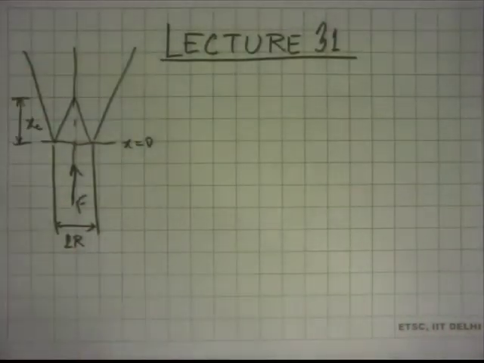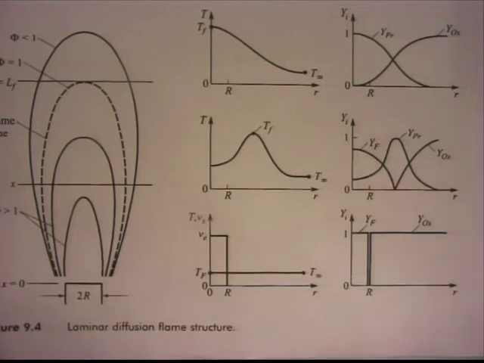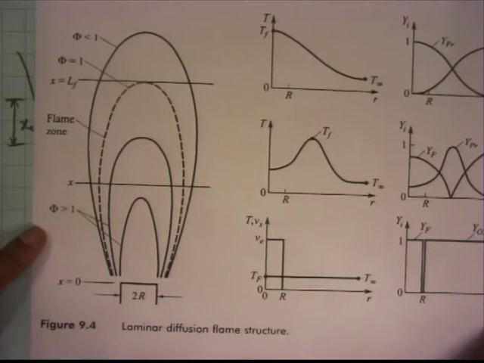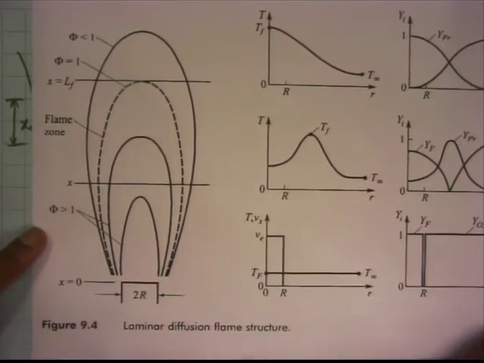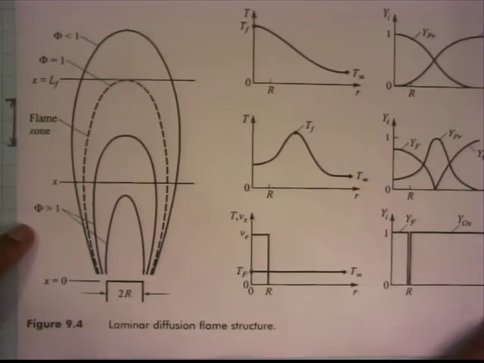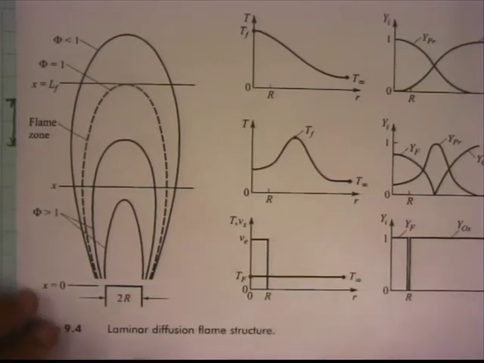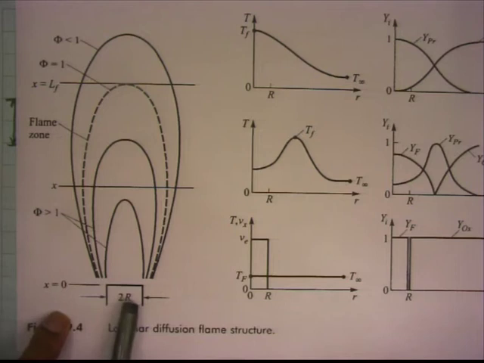Now what happens if you set up a flame? This was not a flame. Now if you set up a flame, then you will get profiles like this. So this is your nozzle, 2r, the diameter of this.